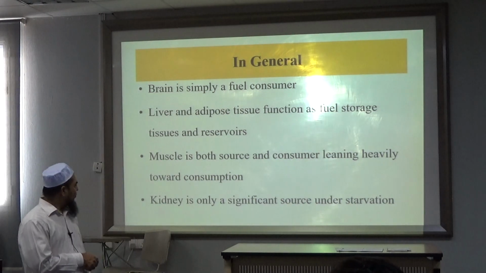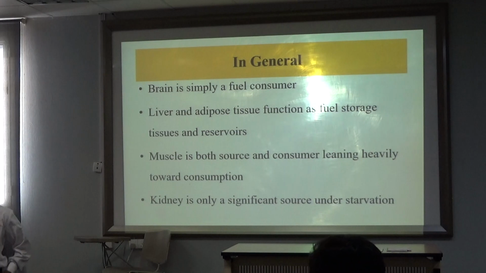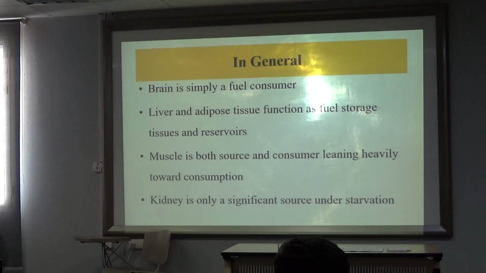It is a significant source of energy under starvation. So now you clearly have four kinds of people. Number one, the ones that are only users. Number two, the middle group, who store and give you something and take something from you. And the last one, which helps you in need.